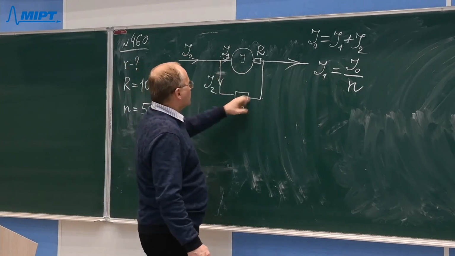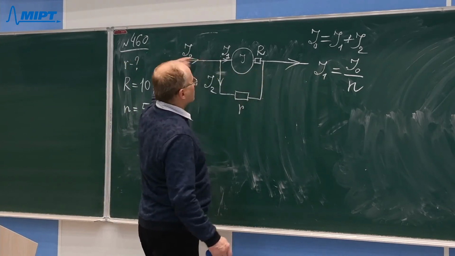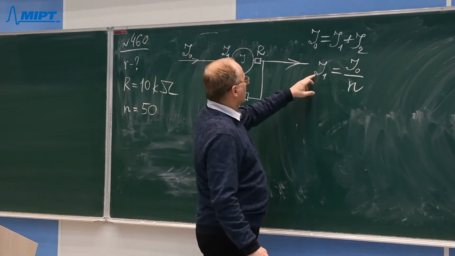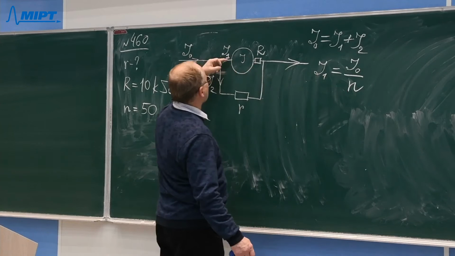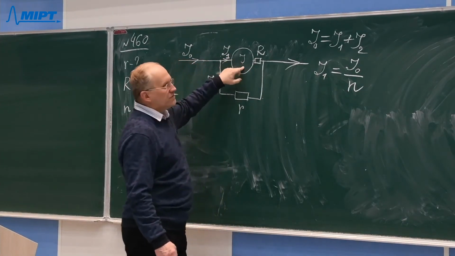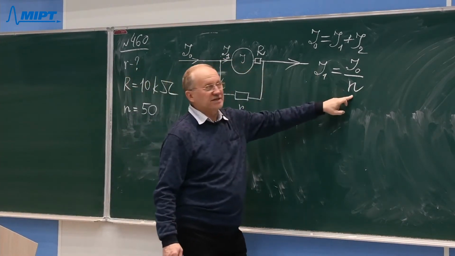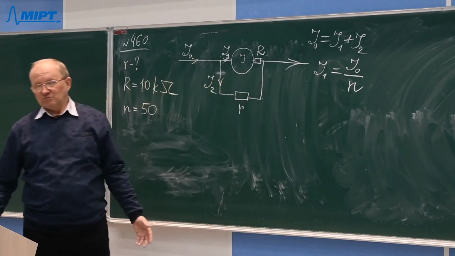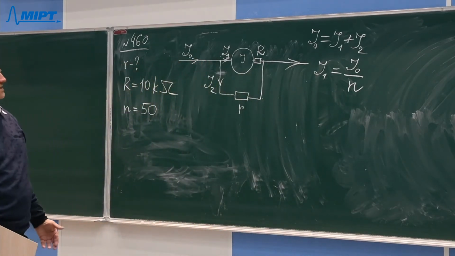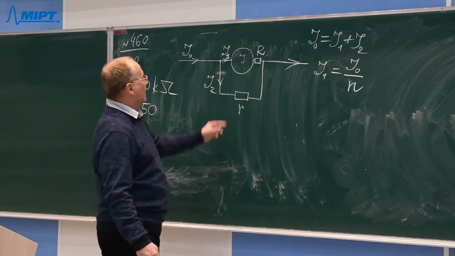Then, after shunting, the same input current will result in n times smaller current flowing through the galvanometer, and so the readings of this device will be n times smaller, which means that the device will have a reduced sensitivity.